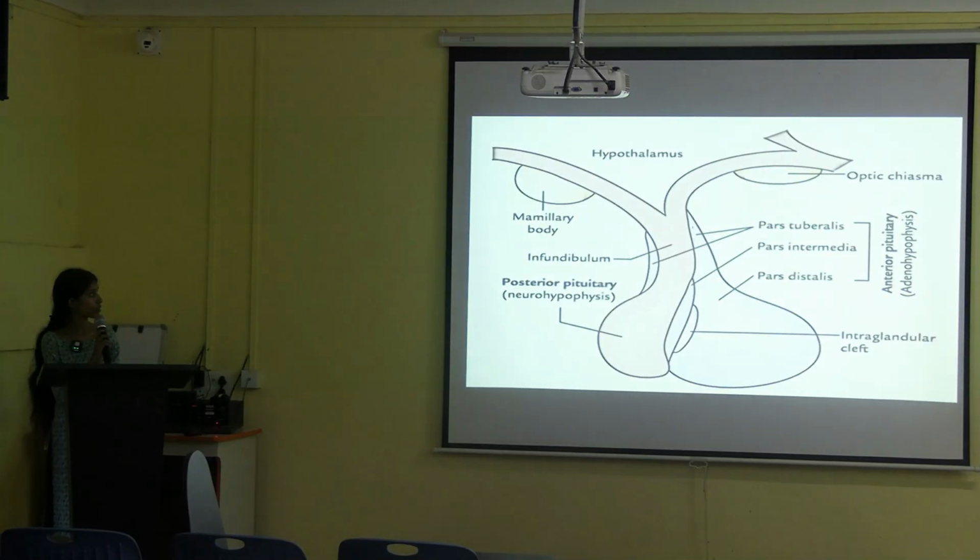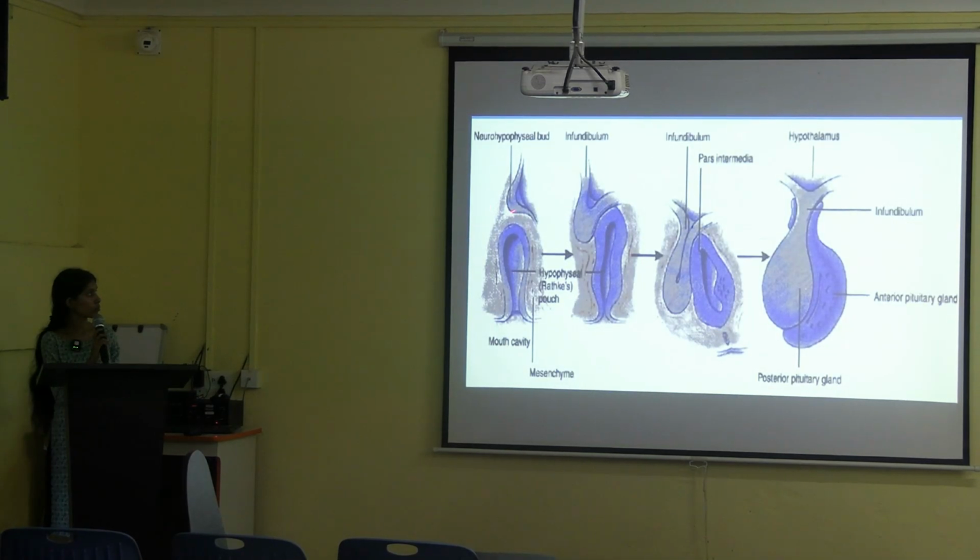In the upper part you can see a small bud. Later this bud gives rise to a small pouch-like structure. Then this pouch will start evaginating in the downward direction and it later fuses with the Rathke's pouch to give rise to the posterior part of the pituitary gland.